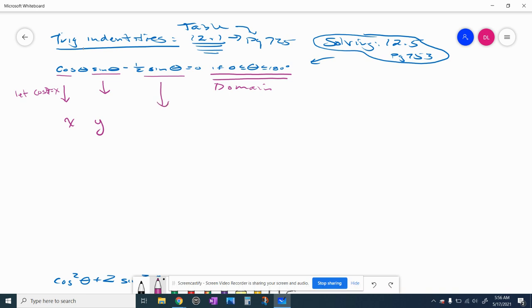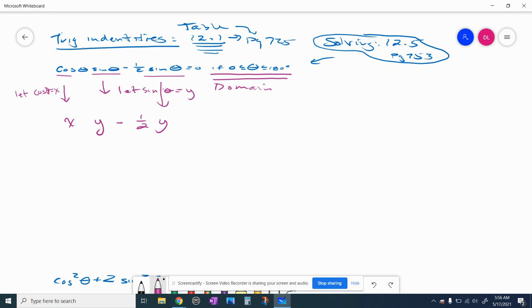So let sine of theta equal y. So I've just changed my sines into y and my cosines into x. You don't have to do it this way, but I'm just showing you kind of a different way to look at things.